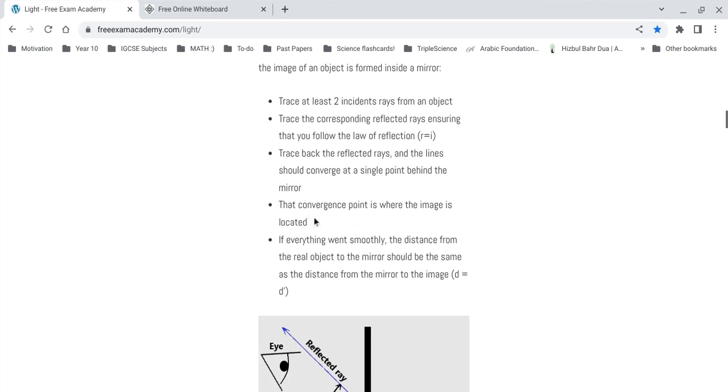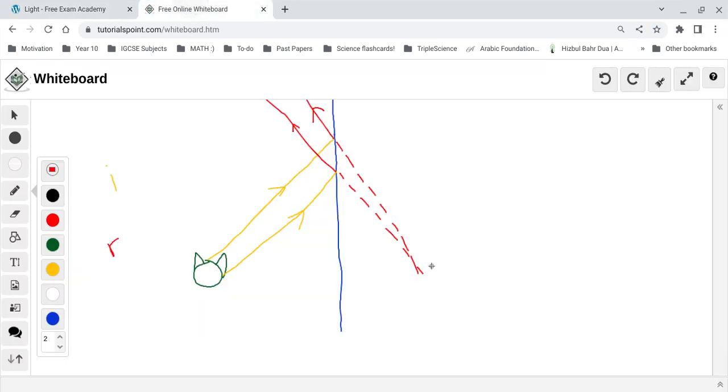That convergence point is where the image is located. Whoa. Okay. Do you guys see that? That is actually where the image is located. So now we're going to draw the cat again. Let me label things. I'm going to put IMG for image.